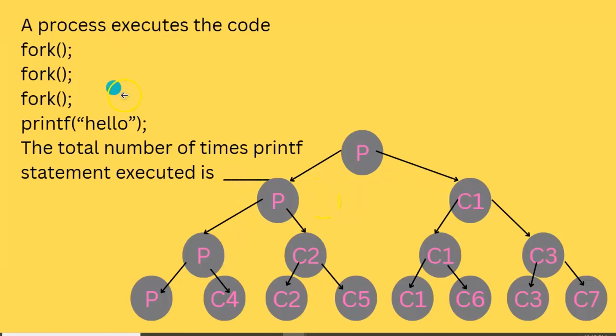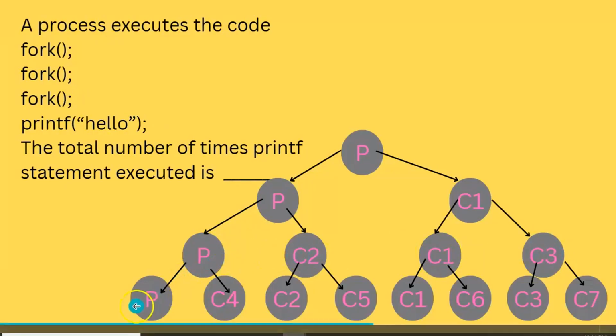For the second fork system call, these two processes will create child processes as shown in the diagram: P and C2, C1 and C3. For the third fork system call, these four processes will create their child processes: P, C4, C2, C5, C1, C6, C3, C7.